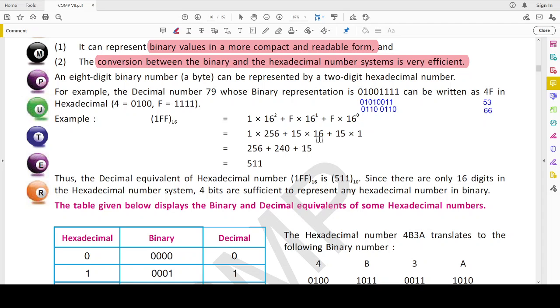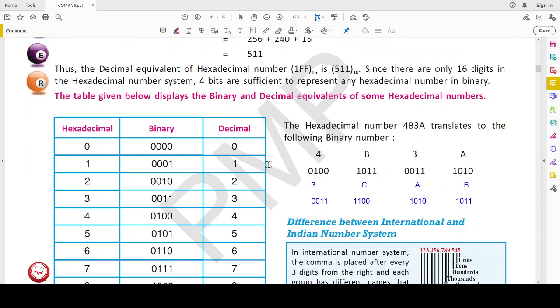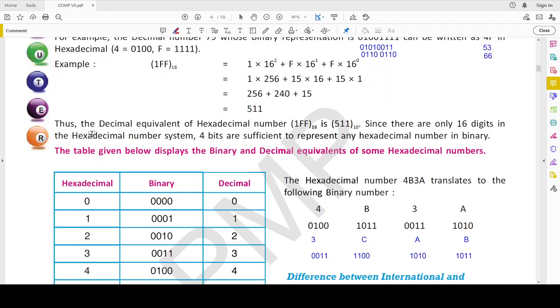F into 16, that is 15 into 16, and 16 to the power 2, that is 256 into 1. So the number is 511. The decimal equivalent of the hexadecimal number 1FF to the base 16 is 511 to the base 10.